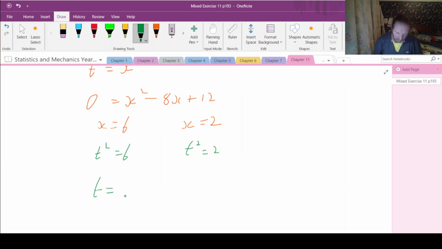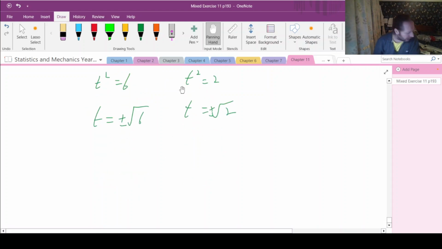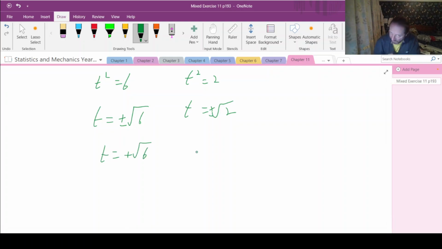So t is equal to plus or minus the square root of 6, and t is equal to plus or minus the square root of 2. t is greater than 0, they told us in the question, so we can ignore the minuses and say t is equal to the positive square root of 6, and t is equal to the positive square root of 2.